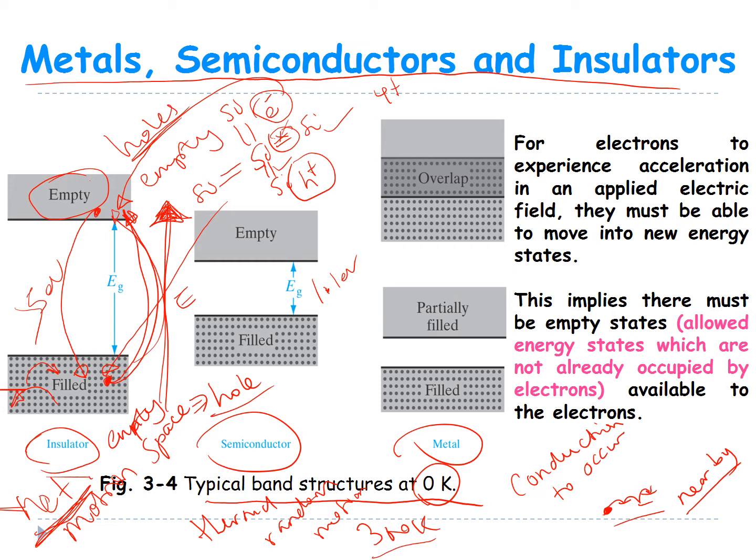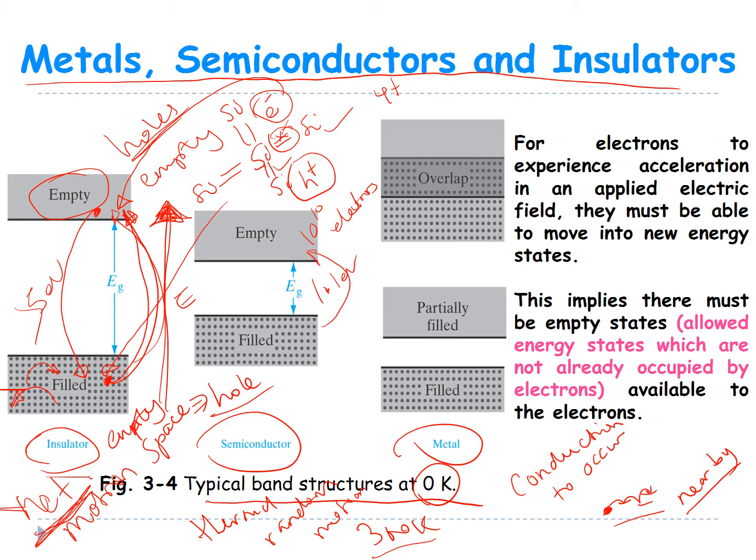So for silicon, for example, at room temperature, you have around 10 to the 10 electrons in the conduction band. So just this energy from heating, like at room temperature, you can actually excite electrons to the conduction band.